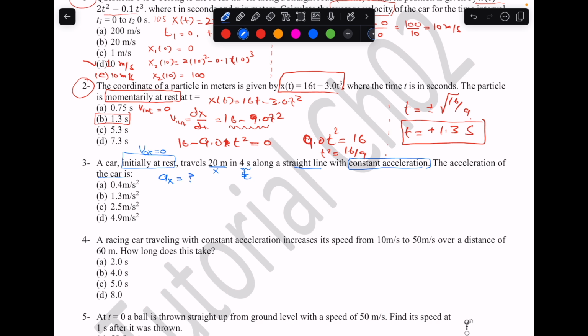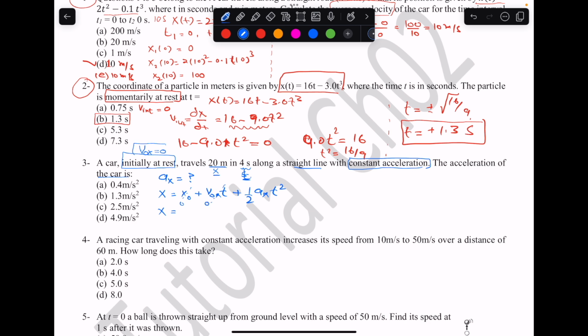Okay, so we have three equations of motion which we're going to use, because we have x and t and v naught of x. So we're going to use x equals x naught plus v naught of x t plus 1/2 ax t squared. So x naught is going to be 0, and v naught of x is 0 as well.